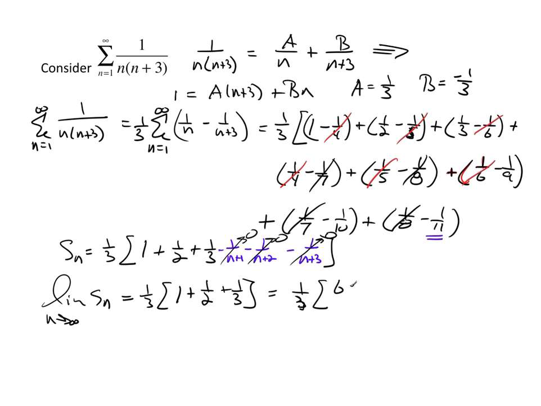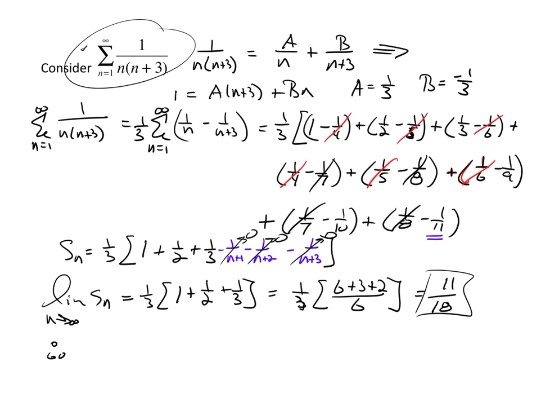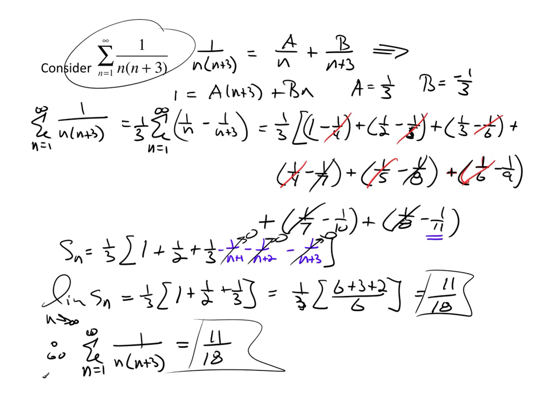So I have 6 plus 3 plus 2 over 6, which is going to be 11 over 18. So clearly this is convergent. So the sum n equals 1 to infinity of 1 over n times n plus 3 is actually equal to 11/18.